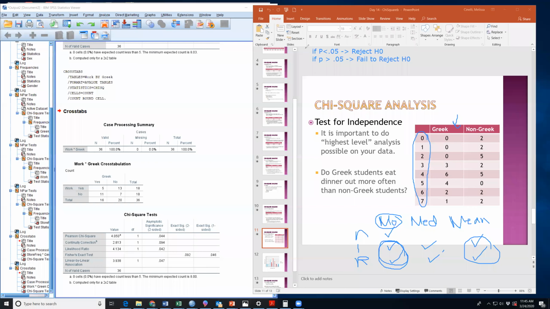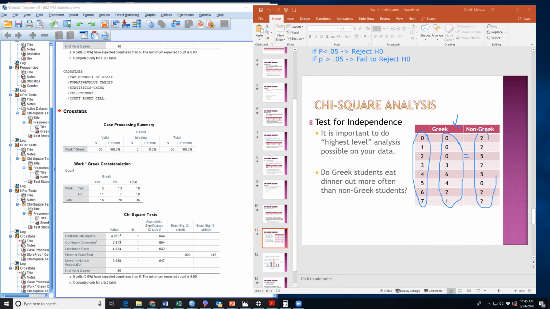Now, when we set this table up like this, it's a crosstab table. And so we can do a chi-square test of independence to ask, is this distribution of responses equal to this distribution of responses? Is the pattern of answers for Greek students equal to the pattern of answers for non-Greek students?